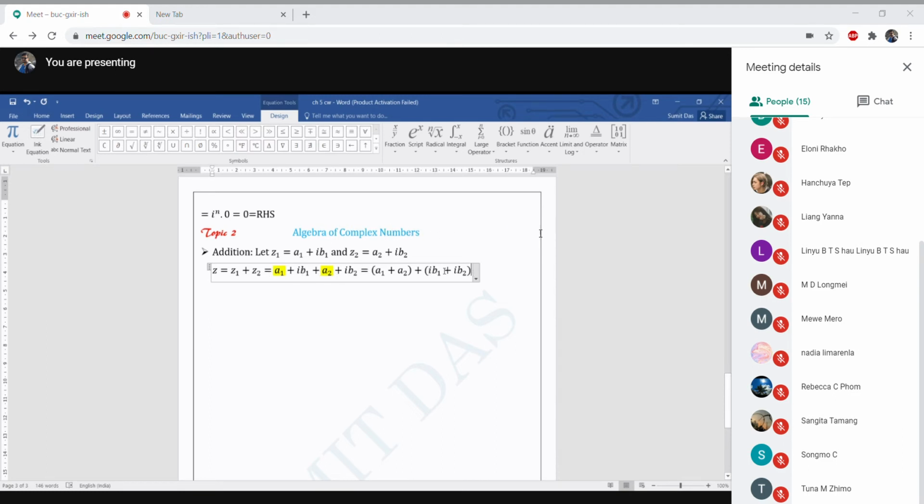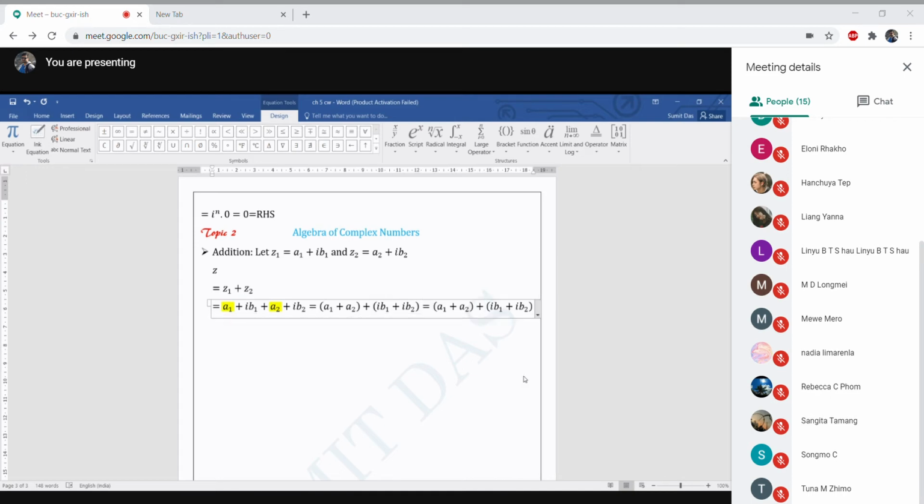Now in imaginary part you can see we can take common i from here, so ultimately it will be, where outside will be i, and we are just taking common the i.